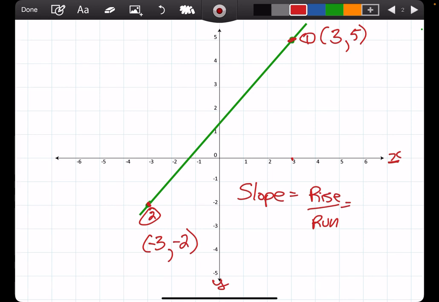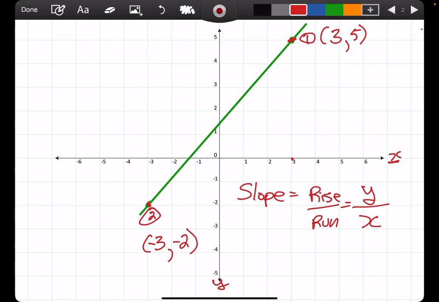And when we're talking about rise, it's the vertical nature. The sun goes up. So rise is always the y-axis and the run is always the x-axis. Like I said, the sun rises before I go for a run. So the sun has to come up, and that's the y-axis. And then I go for a run on the ground, which is the x-axis.